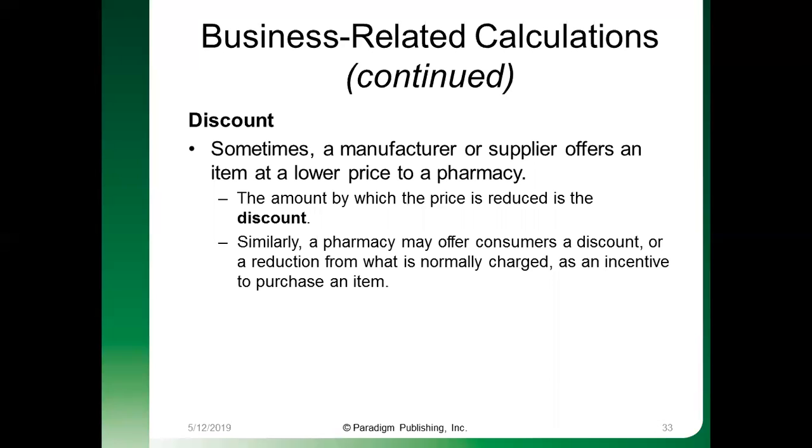So you will probably get a manufacturer that says, okay, if you order 30 counts of this medication, we'll sell it for this price per box. Or if you purchase 100 total boxes, we'll give you this price per box.